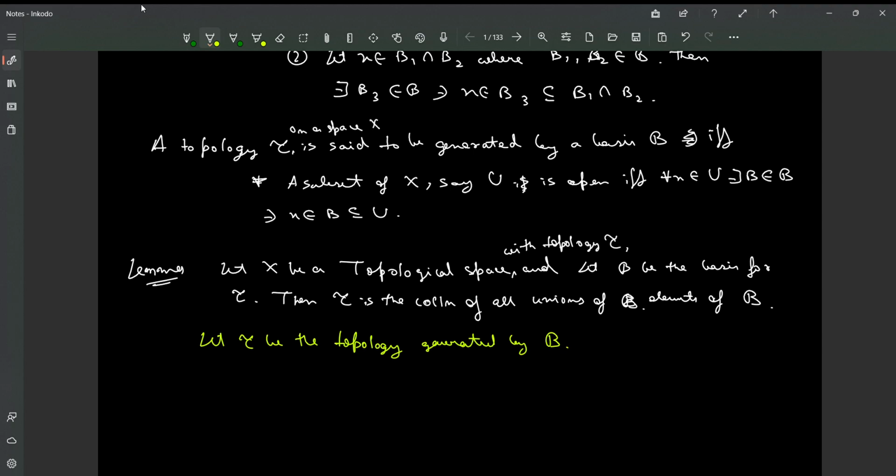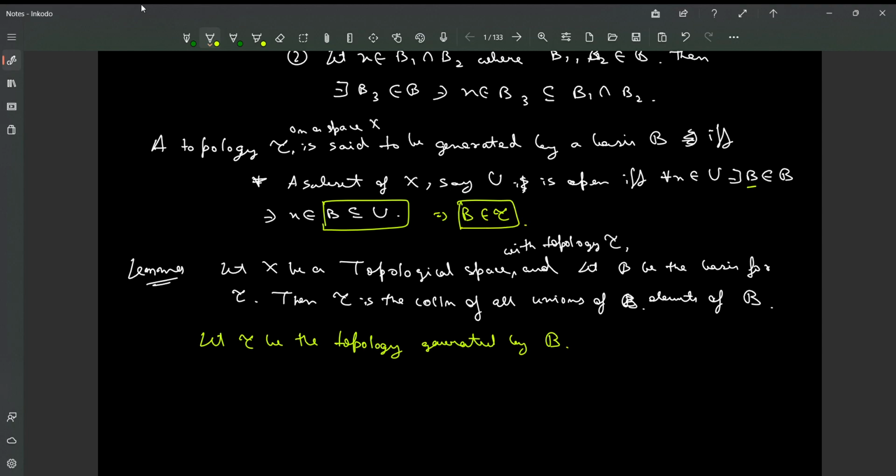We have the definition that if you consider an open set, an element from tau, then every element of tau is such that it is contained in some basis element, and the basis element is indeed contained in the open set, right? So if it's a subset of an open set, that means it's contained in tau. So this basis element will be contained in tau.